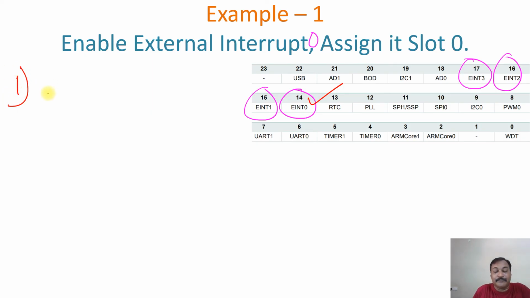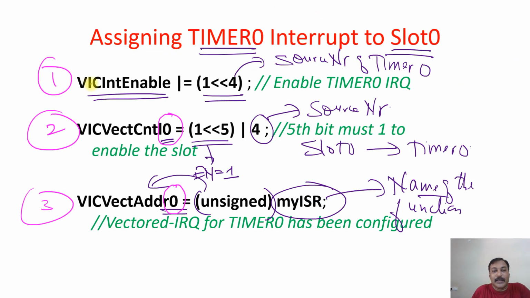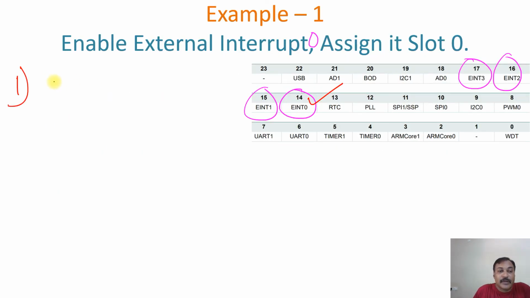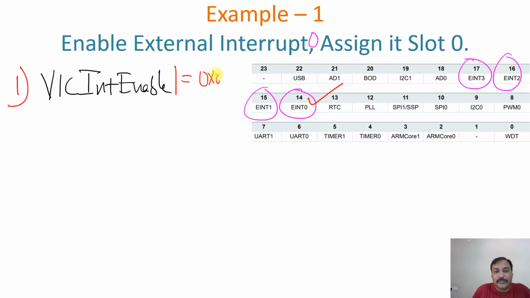So how do I enable? 3 SFRs: interrupt enable, vector control, vector address. Vector interrupt controller, interrupt enable is equal to hexadecimal 01. I am using 14, so let's shift this by 14 times. So that will make the 14th bit of enable as a 1. So that is the first thing.